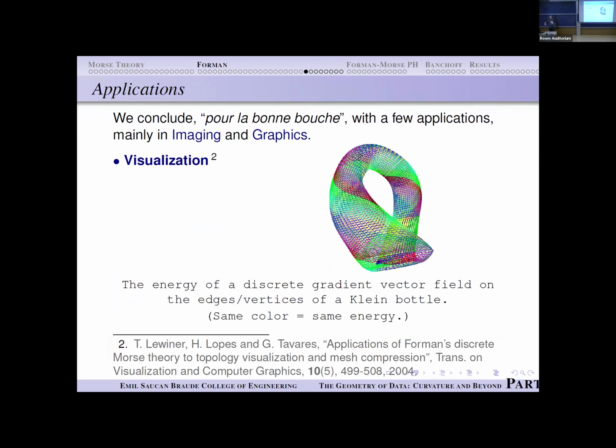Here they use it, for instance, to produce vector fields to visualize the flow on a torus, on a Klein bottle and stuff like that. So you should search Forman Morse theory dynamics, and I'm sure 12 papers will appear. If not 12, then 12,000, I don't know.